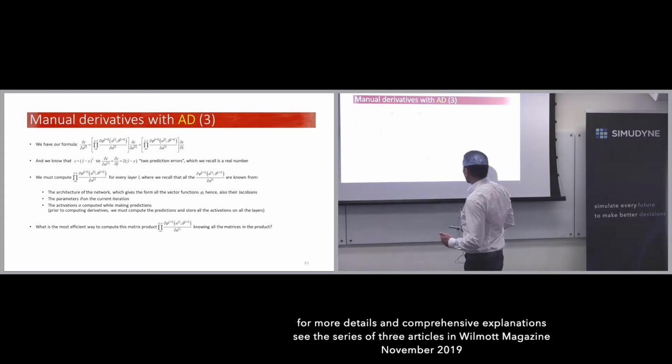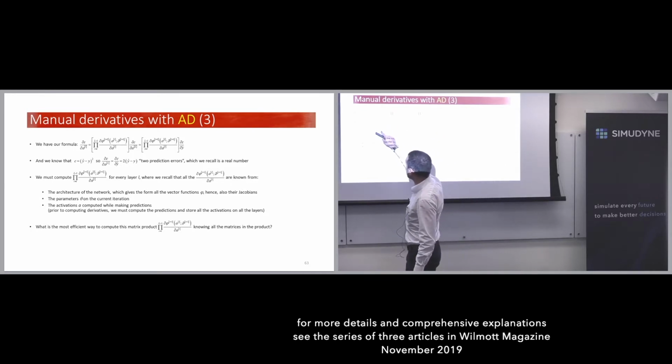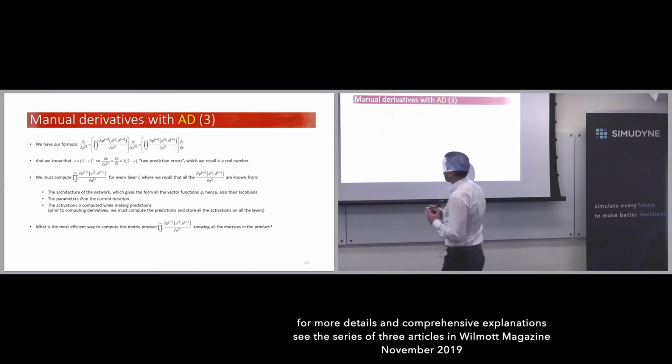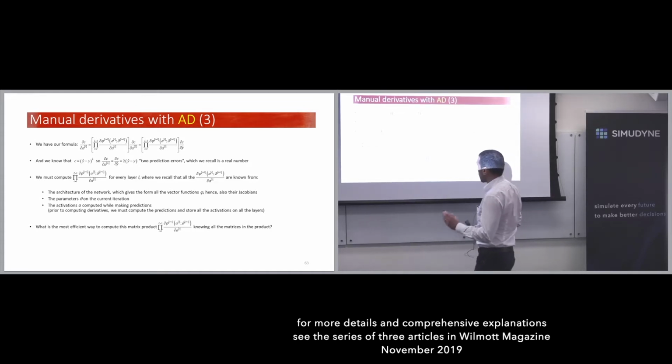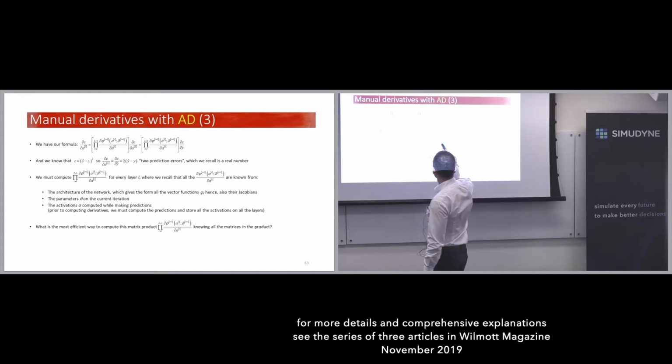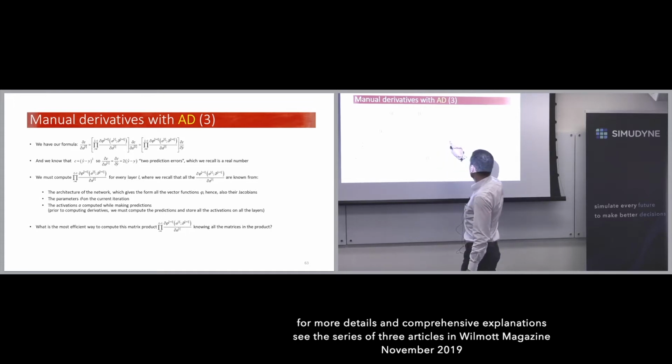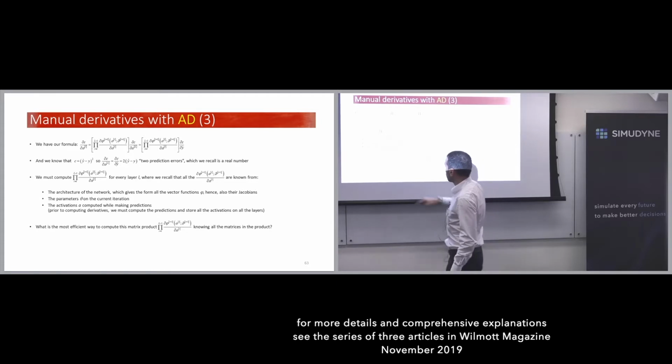And I recall once again that all the matrices that I need to multiply are known. The architecture of the network gives me the functions phi, hence I can calculate the Jacobians. The parameters theta are known for the current iteration, on the current step.